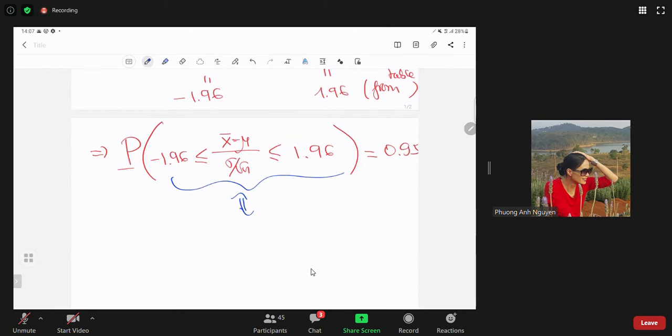So it means x bar minus mu is less than 1.96 sigma over root n, and on the left I get negative 1.96 sigma over root n.